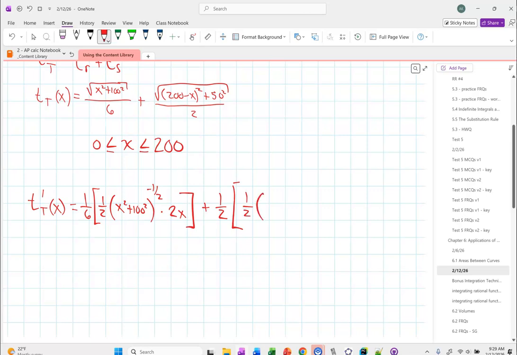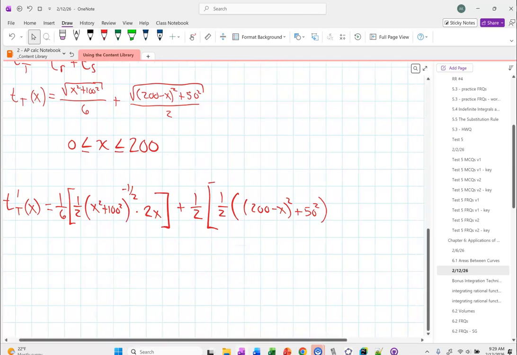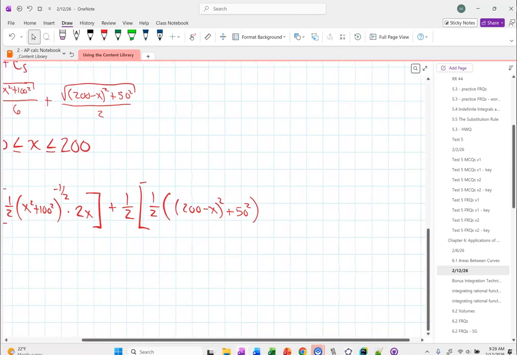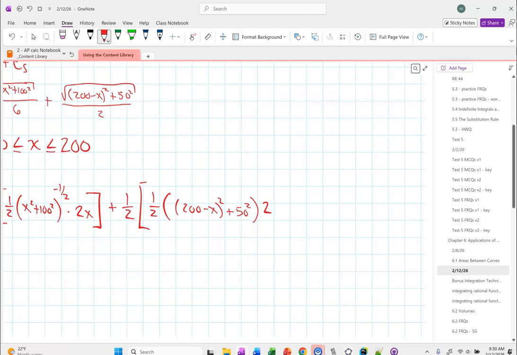I'm going to have 1/2 quantity, 200 minus x squared plus 50 squared, times the derivative of this inside stuff. So the derivative of 50 squared just goes away. Would it be to the -1/2 or no? Oh, yes, thank you. And I have the derivative of that piece. And then I need the derivative of that piece.